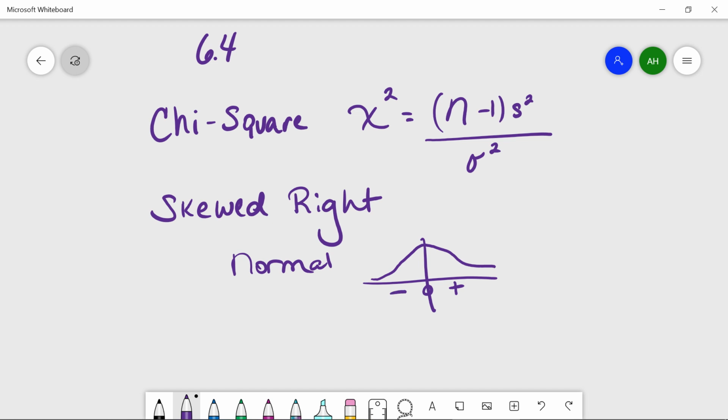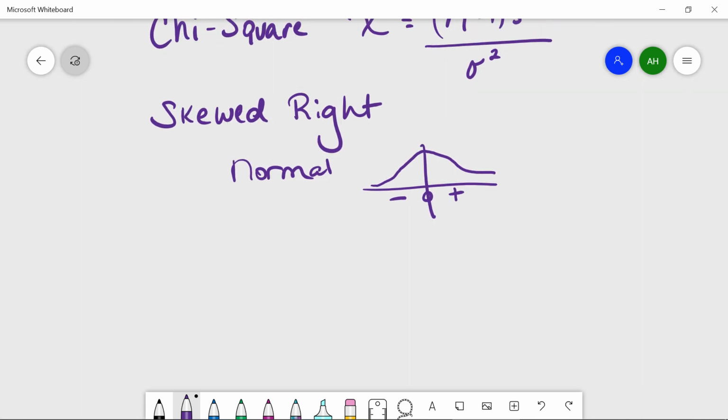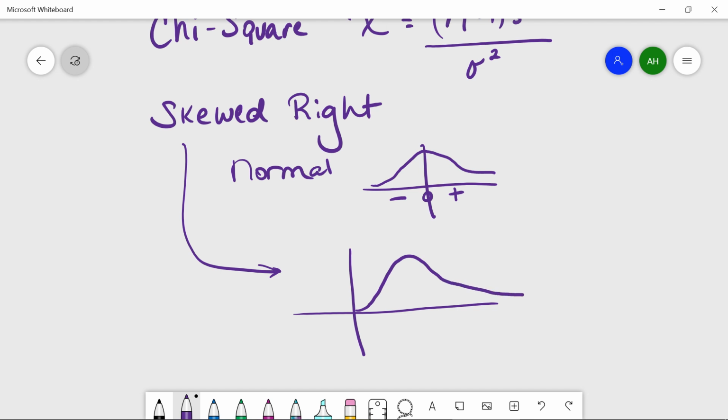Well, the chi-squared is always going to be positive, so this is going to be skewed right. It's going to look like this, always in that positive quadrant, and the area underneath is going to be equal to 1. We're used to that idea as well.